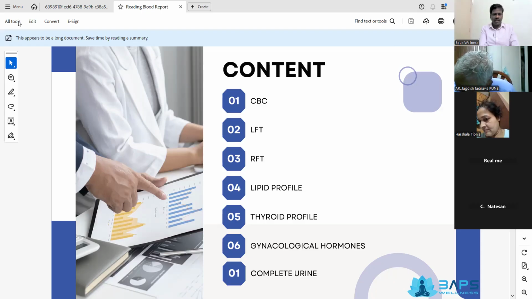Some persons name it as complete blood picture or complete blood count. And then LFT is the liver function test. RFT is renal function test, that is about the kidneys. Then lipid profile. So wherever the involvement of the heart is there, for diagnosing, lipid profile is inevitable.